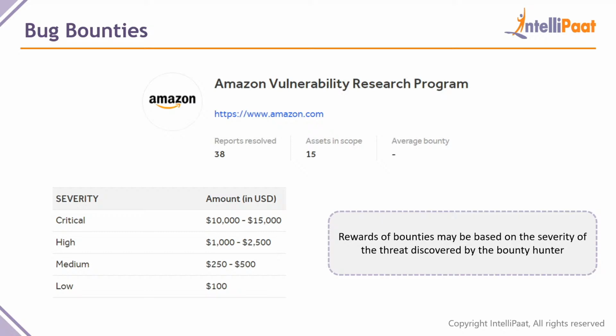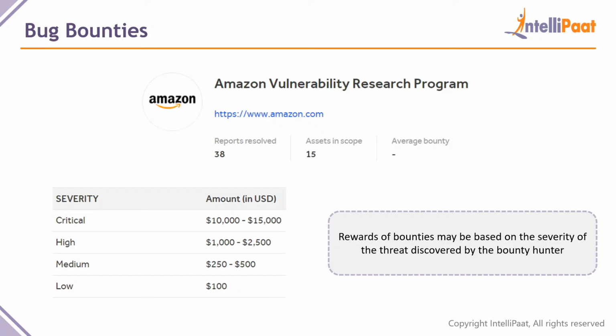So if we look at one of the examples of bug bounties, you have the Amazon Vulnerability Research Program. So this was posted on HackerOne. So we can say that there are several rewards associated to this. So if you are able to hack into Amazon and the security threat that you're able to provide to them is critical, you'll get a reward of about $10,000 to $15,000.